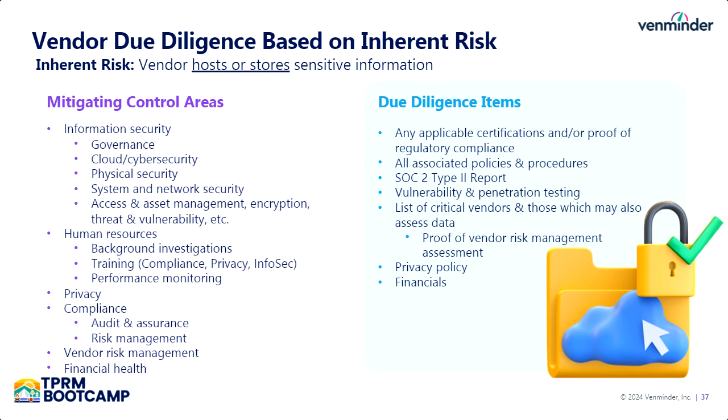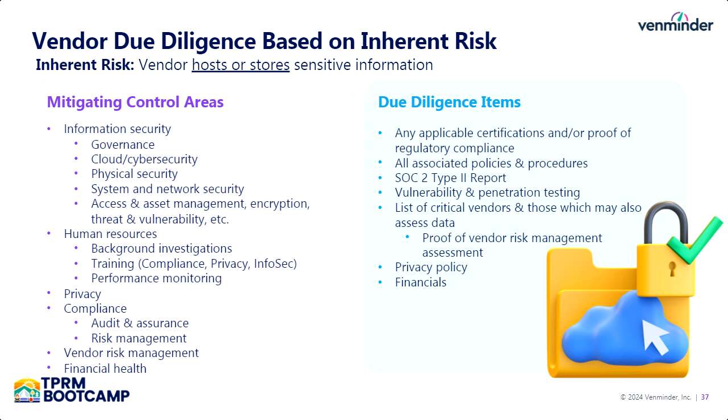Now, if there's a cybersecurity or data risk, they're hosting or storing sensitive information, of course, we need to look at their information security controls, their governance, cloud, physical system and network security, their access and asset management, as well as their human resources, privacy, compliance, vendor risk management, and their financial health.